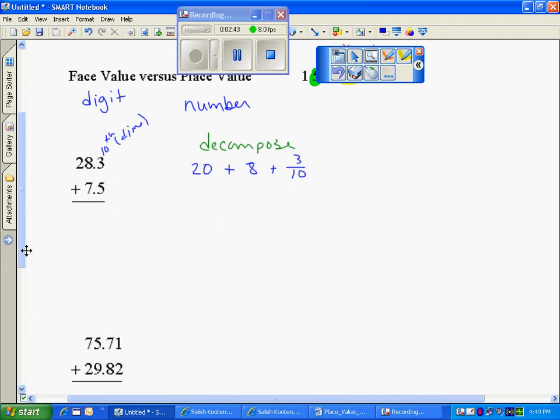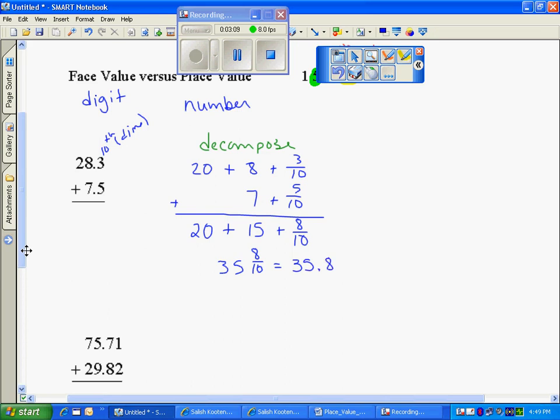We're going to add to that 7 in the ones and 5/10, adding the tens column, the ones column, and the tenths column. Combining these, I get 35 and 8/10.